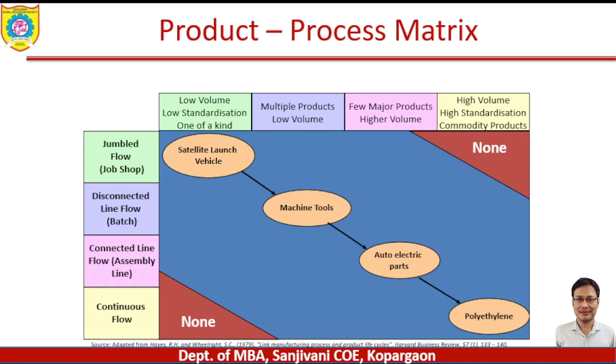So every satellite is different from another. So there are huge varieties from which we can manufacture a satellite, but the volume is very low. Volume is only one satellite at a time. So in this case, we use jumble flow, or job shop is the name of the production process.